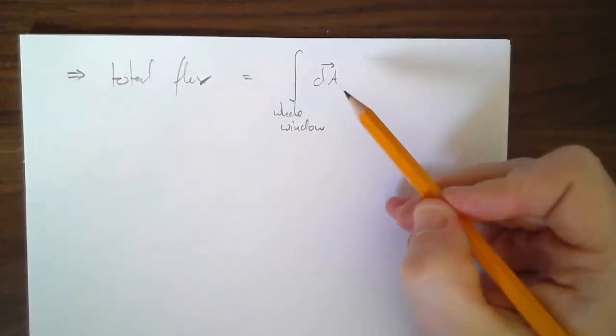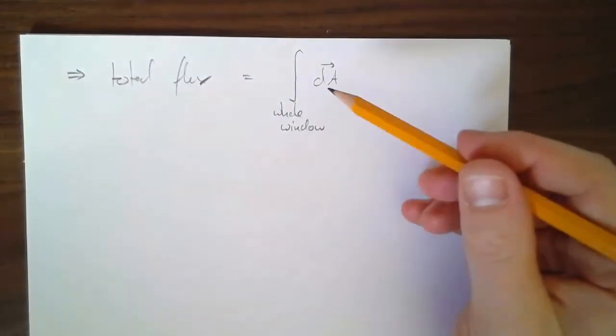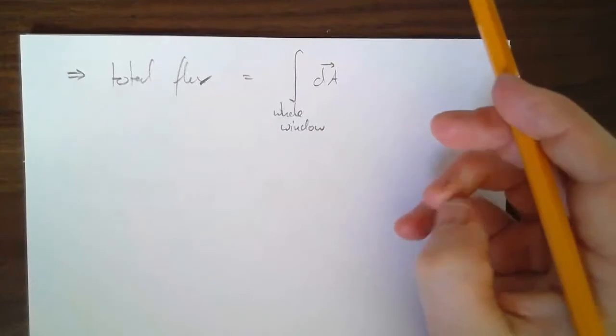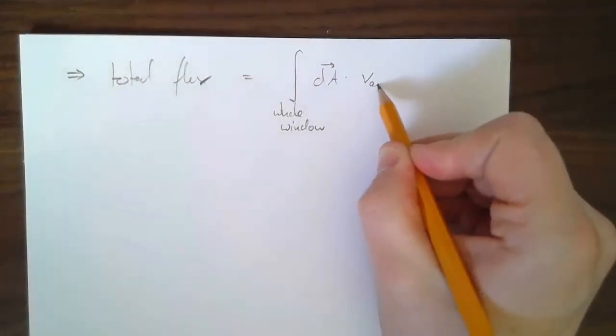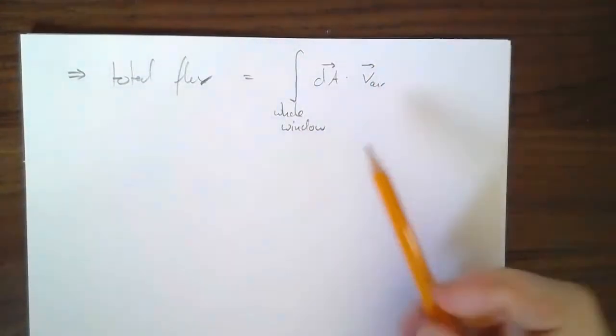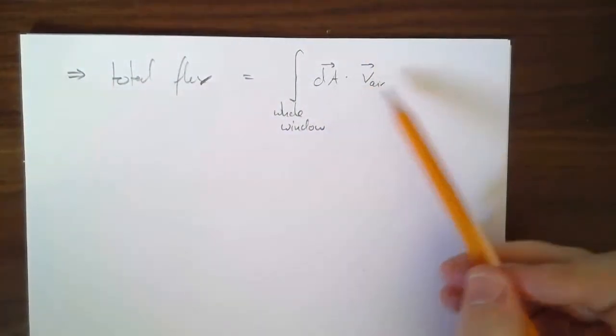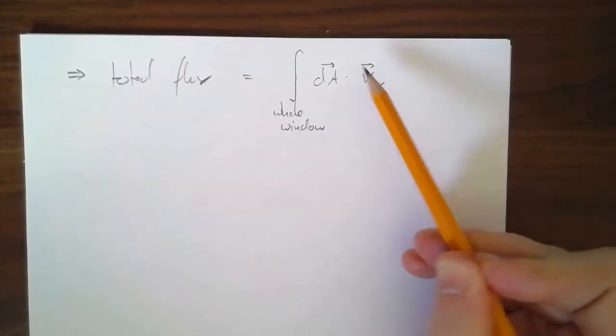It's not like 1 square millimeter at a time, it's 1 square infinitesimal meter at a time. Dot v air.